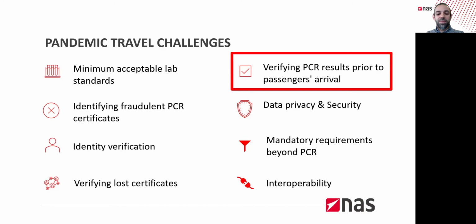The MUNA system integrates with airline departure control systems using APIs, allowing airline staff to verify the authenticity and validity of the PCR test results against your requirements. This integration also allows the airline staff to verify other requirements, such as quarantine hotel booking.